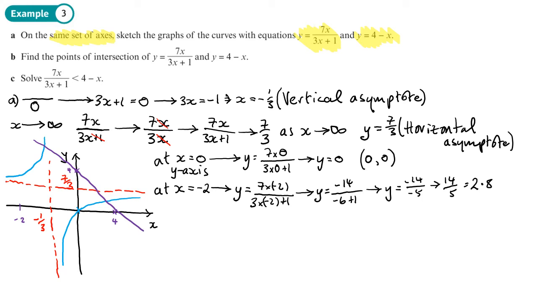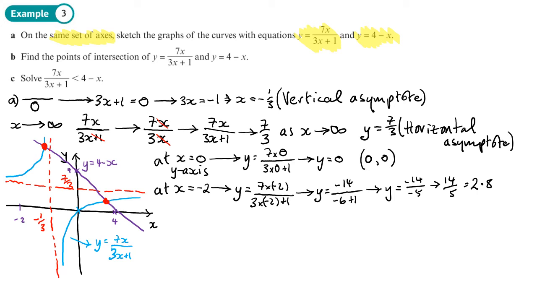And we'll just label this up. So this is my y equals 4 minus x, and this graph here is my y equals 7x over 3x plus 1. Right, so I can see that they intersect in two places, so here and here. They're my two intersection points, and then part B is to work out what those values are.